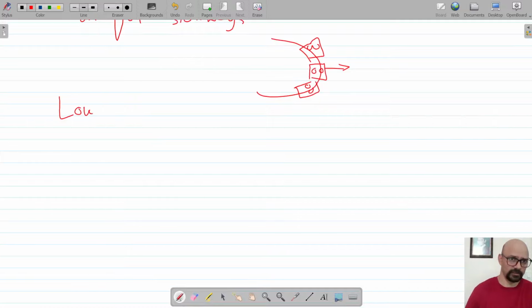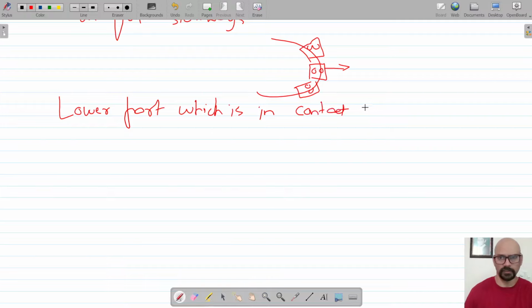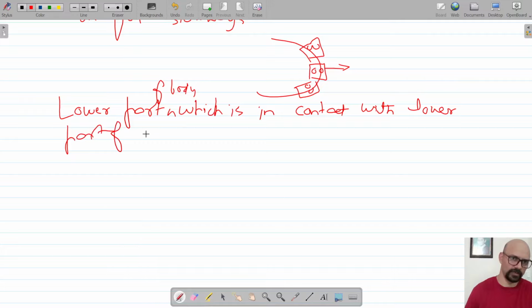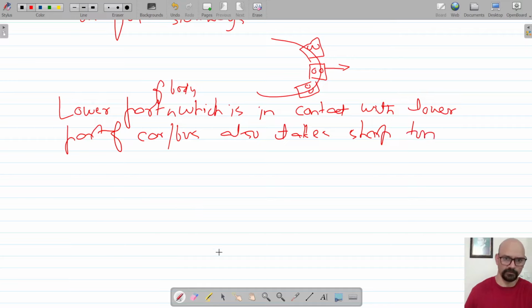So the lower part of the body, which is in contact with the lower part of the car or bus, also takes a sharp turn.